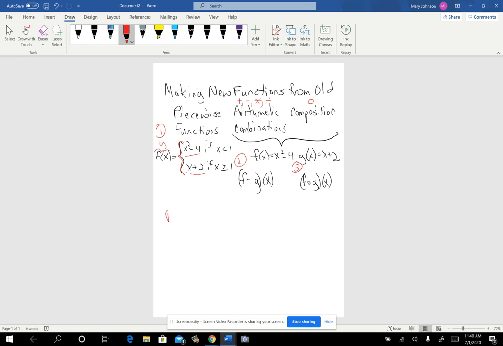Okay, so we're going to look at piecewise here. On this one I'm being asked to think about what this means, so I'm going to do a few example problems related to this. If you were given that rule right there, one of the things you might do is be asked to evaluate the function.